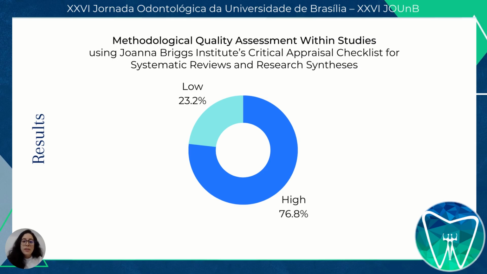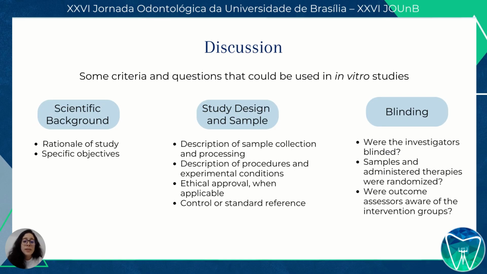63 studies achieved high methodological quality, while 19 reached low. And based on tools used in the included studies, we highlight some important criteria and questions that can be used in the future in evaluations of in vitro studies.